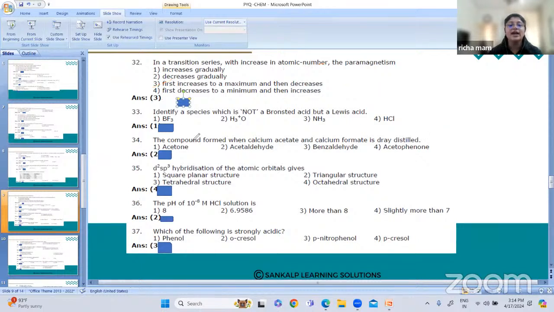Next question. Identify a species which is not a Bronsted acid but a Lewis acid.